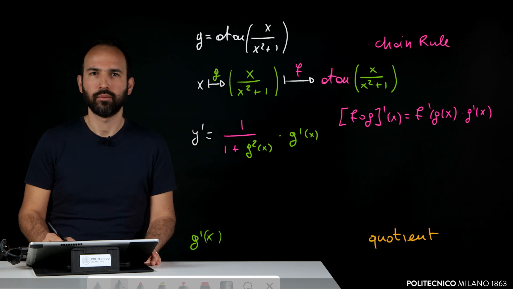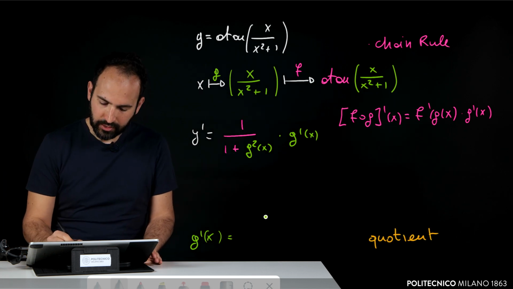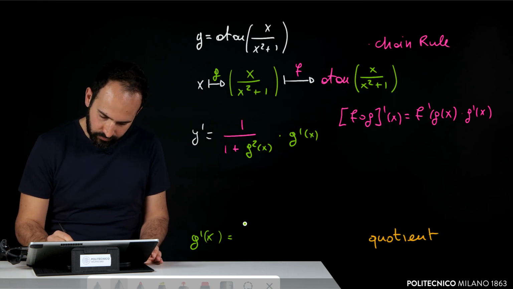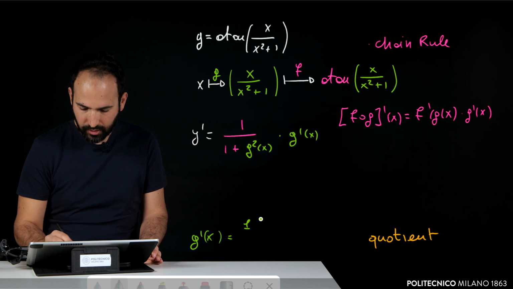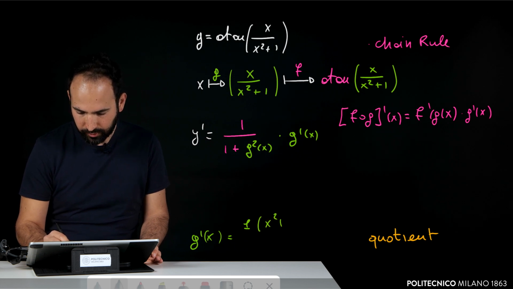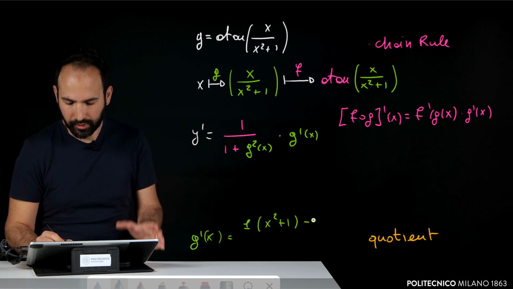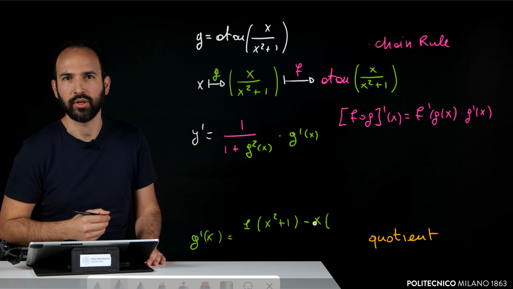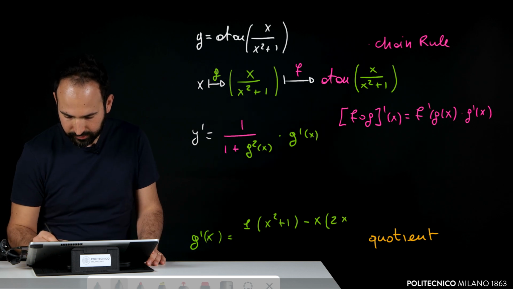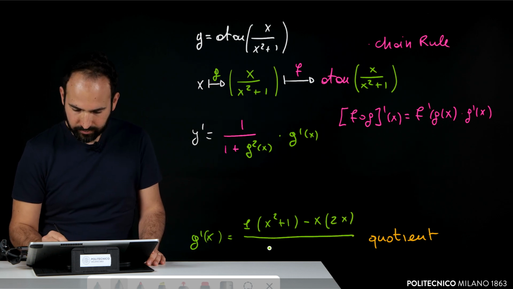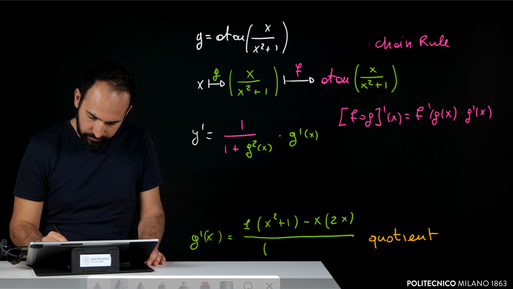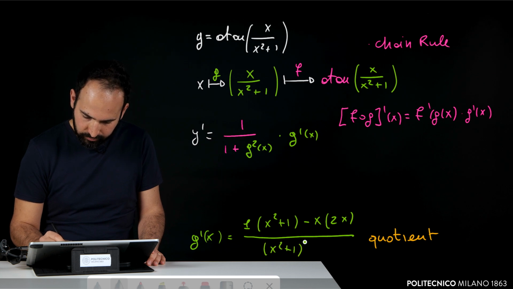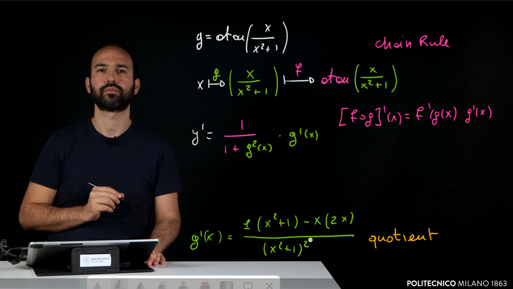Using the quotient rule, we have the derivative of the numerator, that is 1, times the denominator, x squared plus 1, minus the numerator, x, times the derivative of the denominator, that is 2x, divided by the denominator, x squared plus 1, to the power 2.